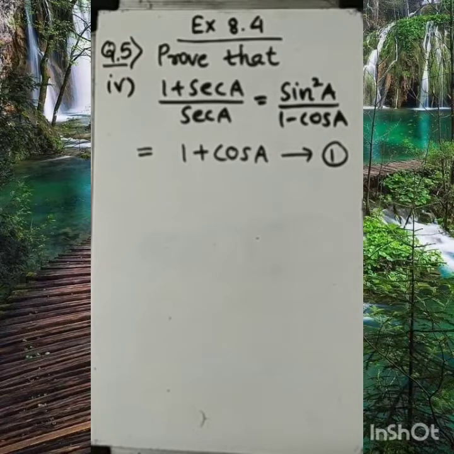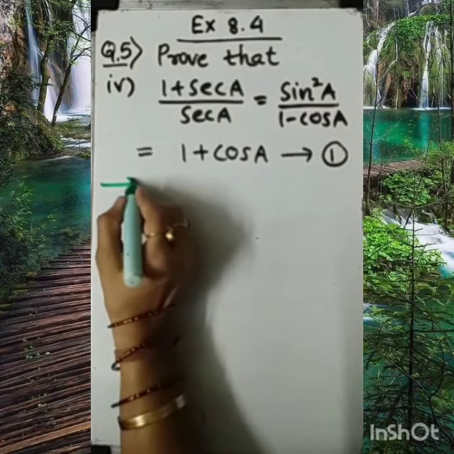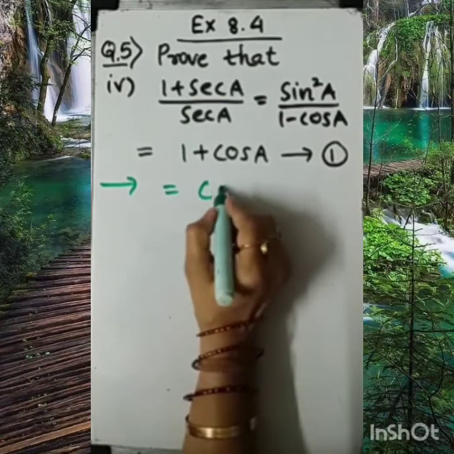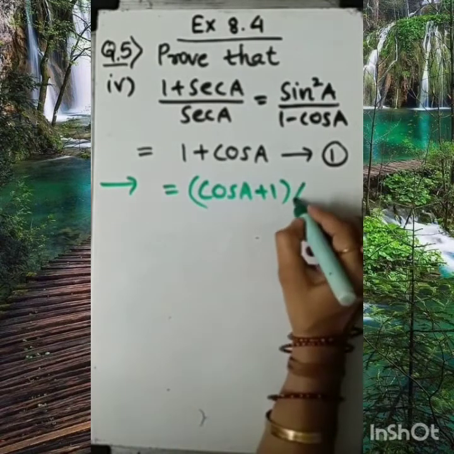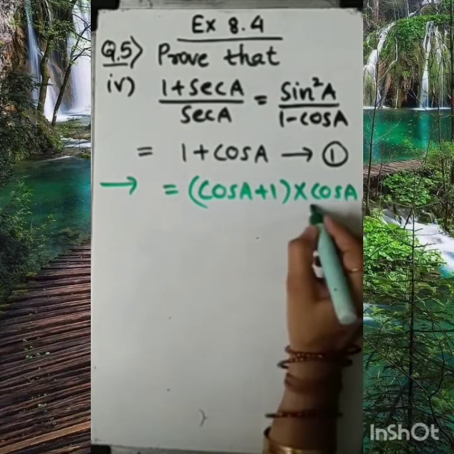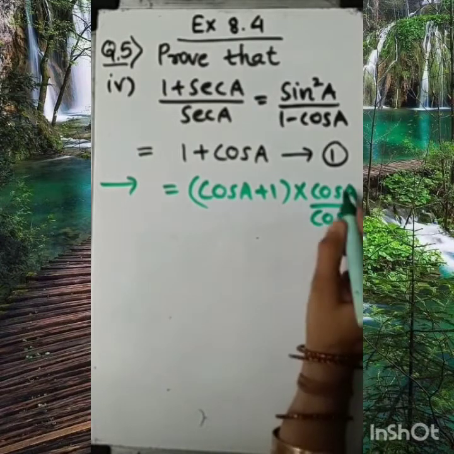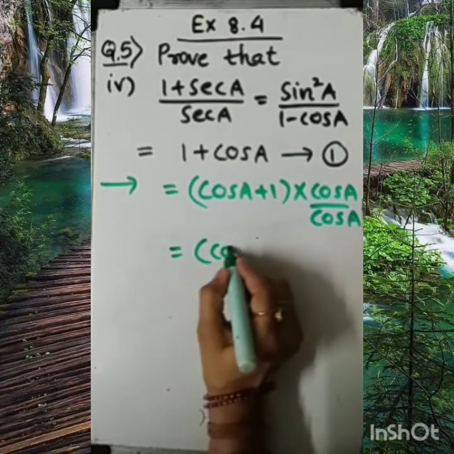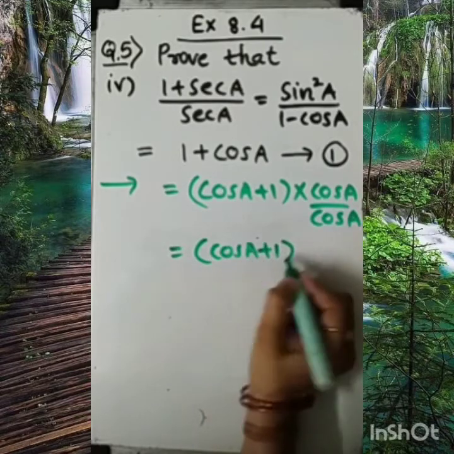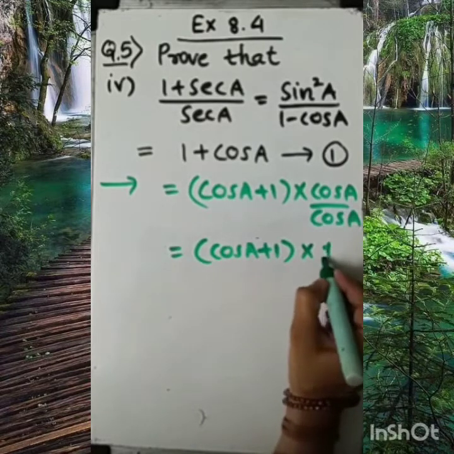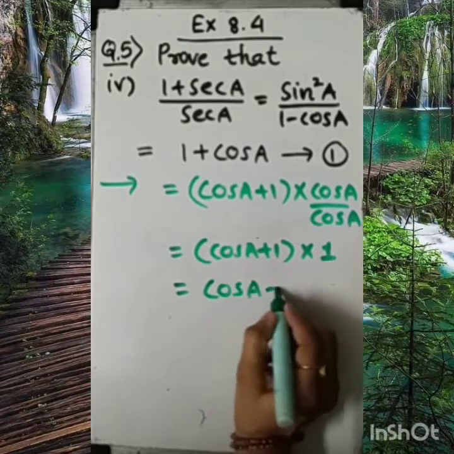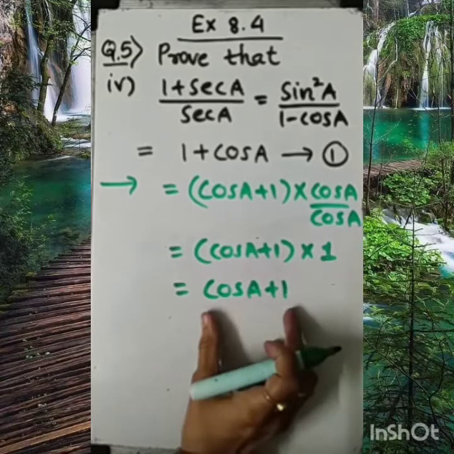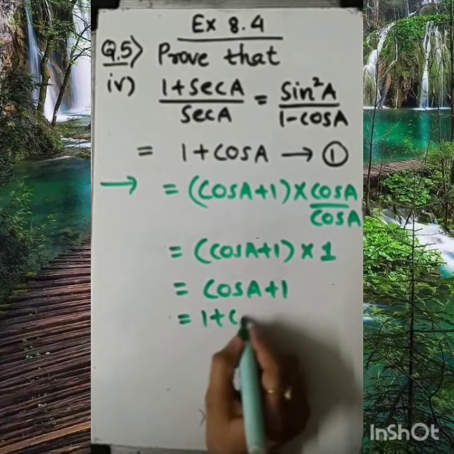Dear student, we are in continuation the same question now. What is left with us, cos A plus 1 this side. As we already have cos A upon cos A, we have done this way. So cos A plus 1, and the cancellation of this, in place of that I am writing 1. So as a result I have cos A plus 1, that I can write as 1 plus cos A. No issue with that.